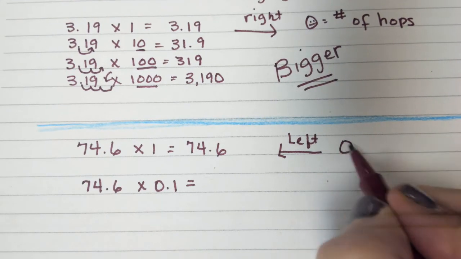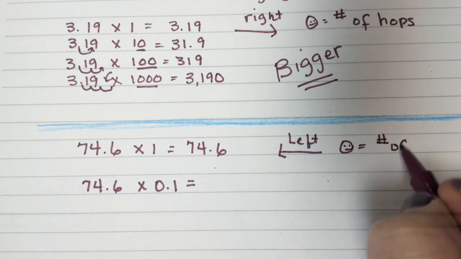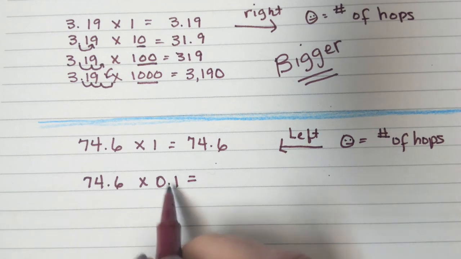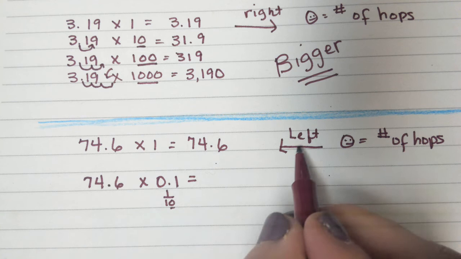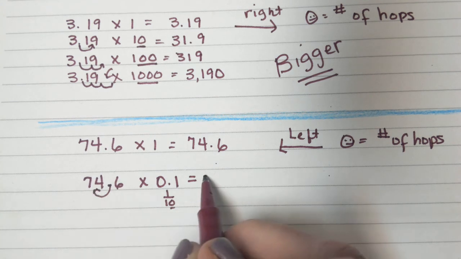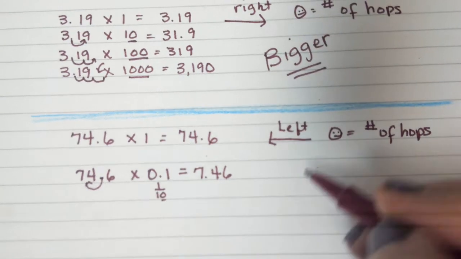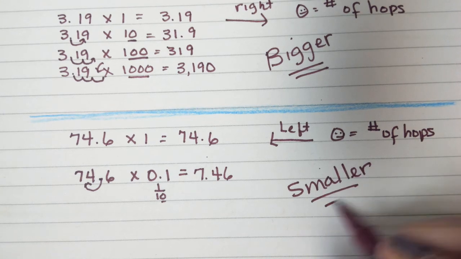So remember, the zeros indicate the number of hops we're going to take and which direction we're going to go. So this one says I've got one place, and now 1/10 can also be written like this. And it says I have 1 0, so I'm going to take my decimal, go left one spot or one hop, and now I have 7 and 46/100. Notice this time we got smaller with our numbers.